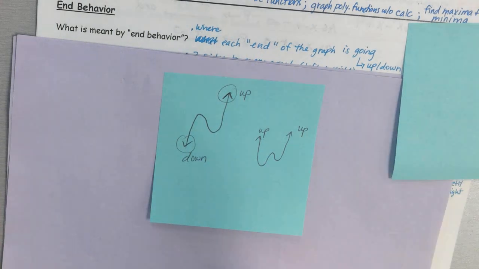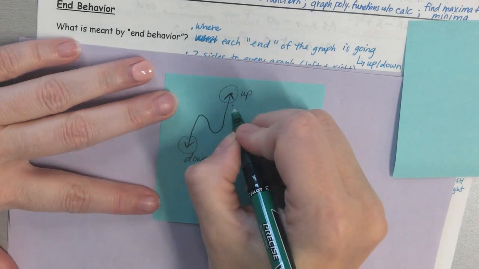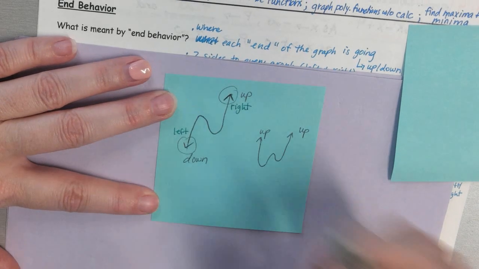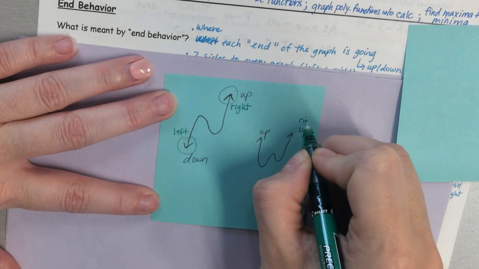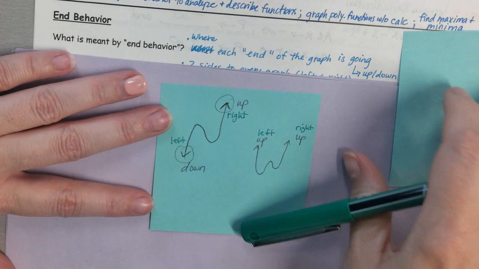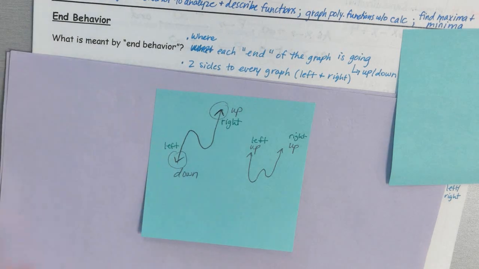The other thing that we look at when we're describing end behavior is each side of the graph. So every single graph has a right side and it has a left side. So the other thing we do with end behavior is we talk about it in terms of the left and right. So there are two sides to every graph, the left and the right.